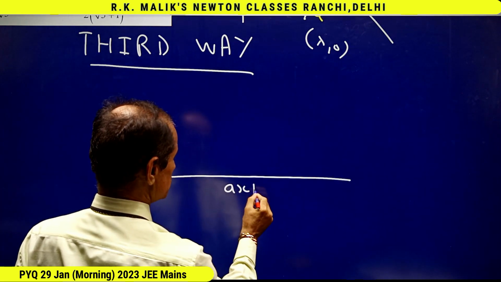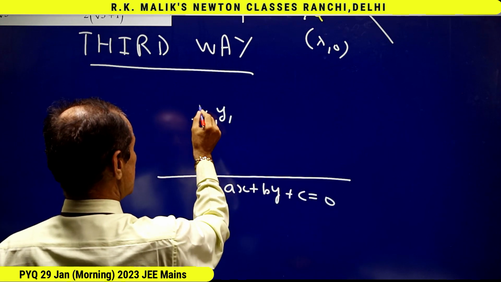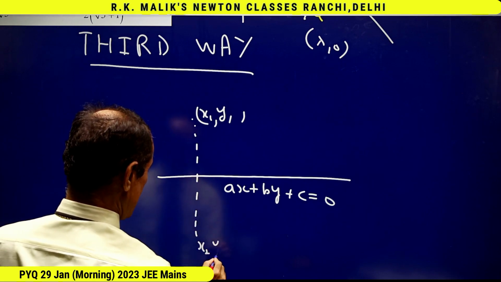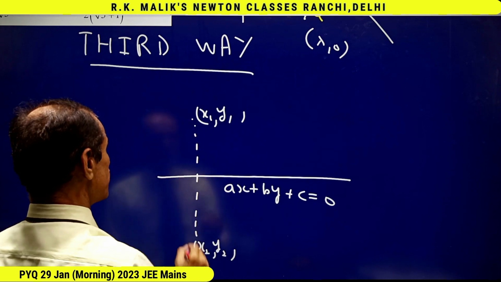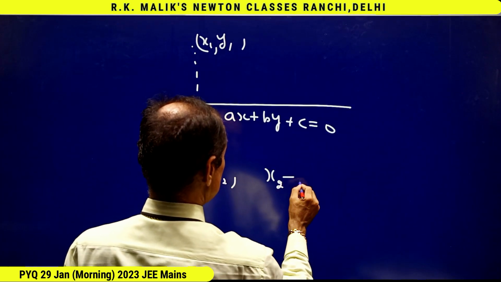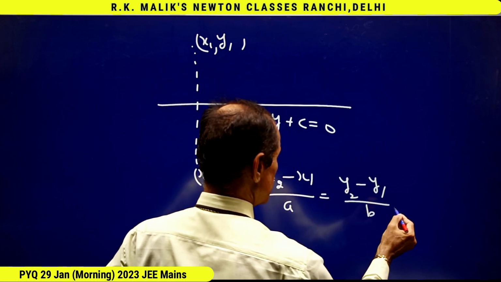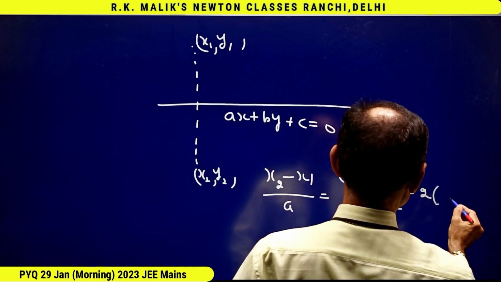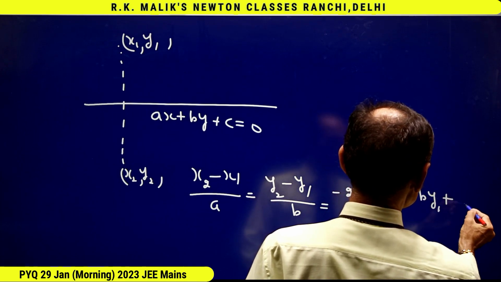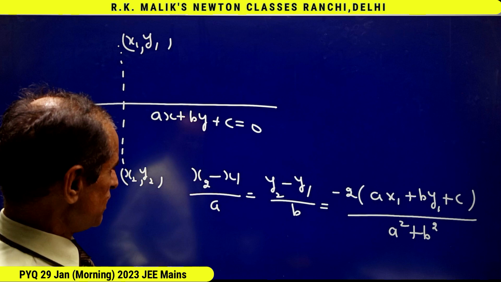If this is the line Ax plus By plus C, and this is the point x1, y1, suppose this is the point x2, y2, and x2, y2 is the image of the point x1, y1, then you must know the formula: x2 minus x1 upon A equals y2 minus y1 upon B equals minus 2 into (Ax1 plus By1 plus C) upon A square plus B square.